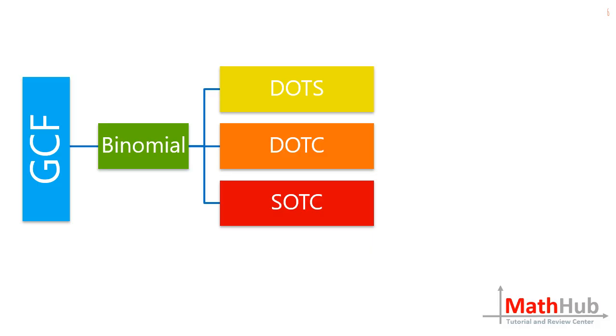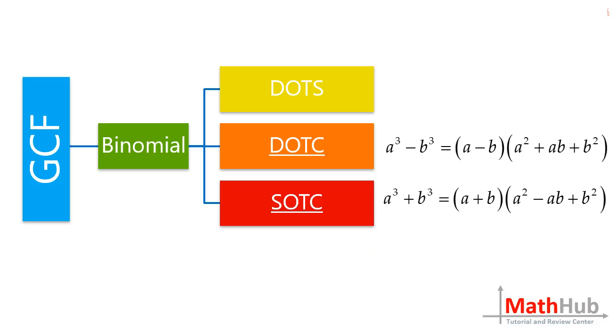Let us now go to DOTC and SOTC. DOTC means difference of two cubes, and SOTC means sum of two cubes. So the factorization will be this one. What is this saying?